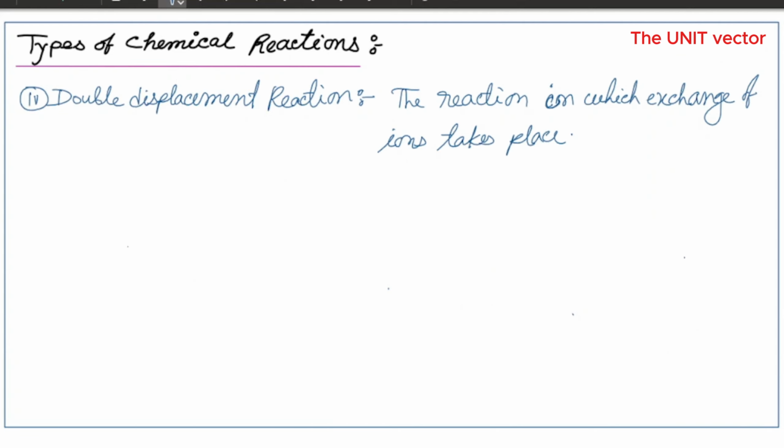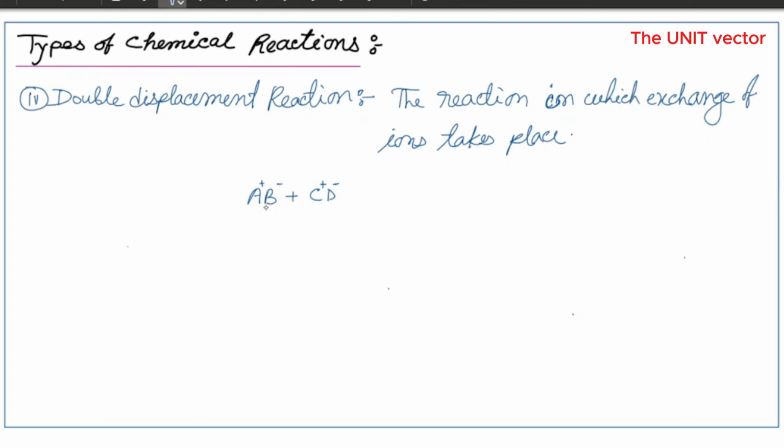Now see what a double displacement reaction is: the reaction in which exchange of ions takes place. Let's say a compound AB is reacting with another compound CD. In this compound, let's say A has the positive ion and B has the negative ion. And in CD, let's say C has the positive ion and D has the negative ion. So basically what will happen in this reaction?